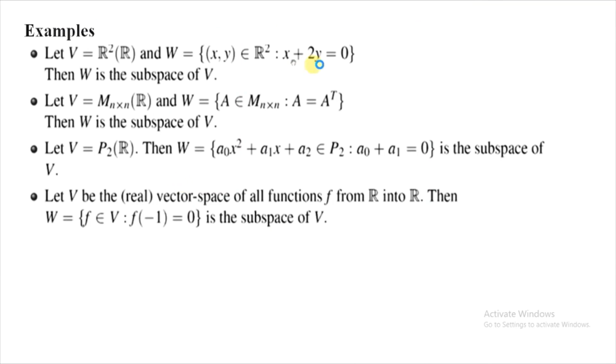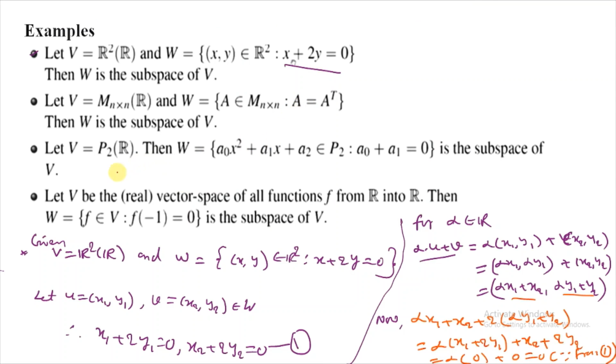Therefore alpha dot (u plus v) belongs to W. Hence W is a subspace. It satisfies both vector addition and scalar multiplication. Hence W is a subspace of R2 over R. This is the way to check subspace or not. The conditions must be satisfied.